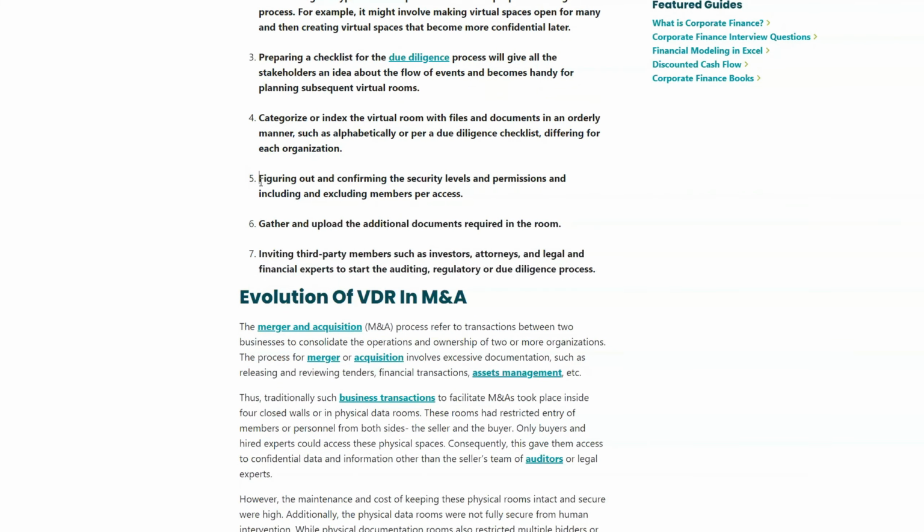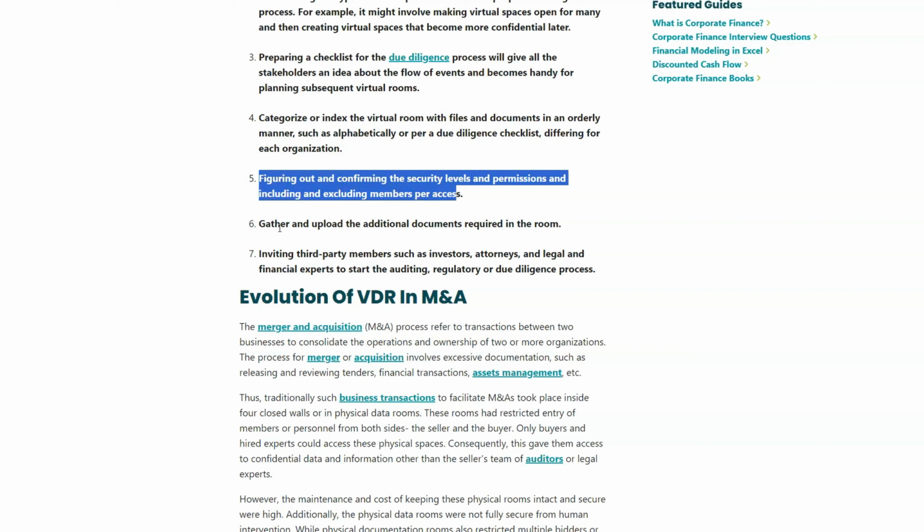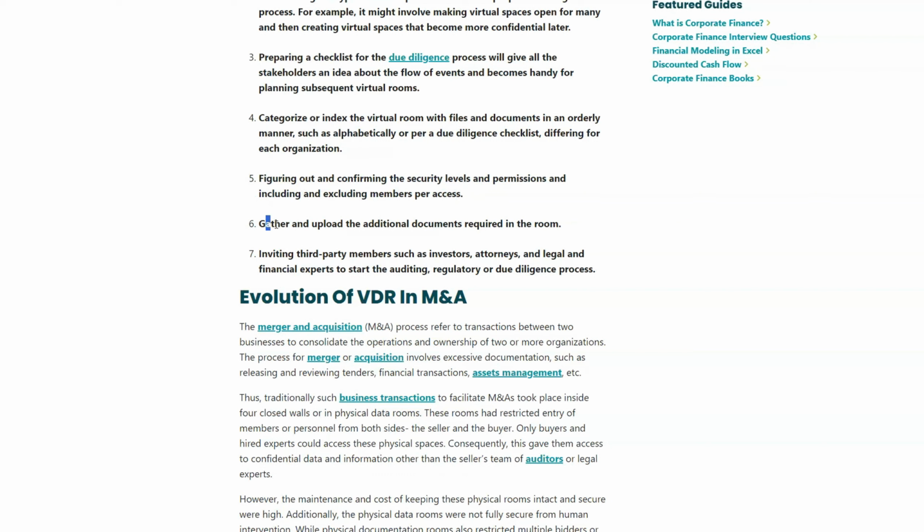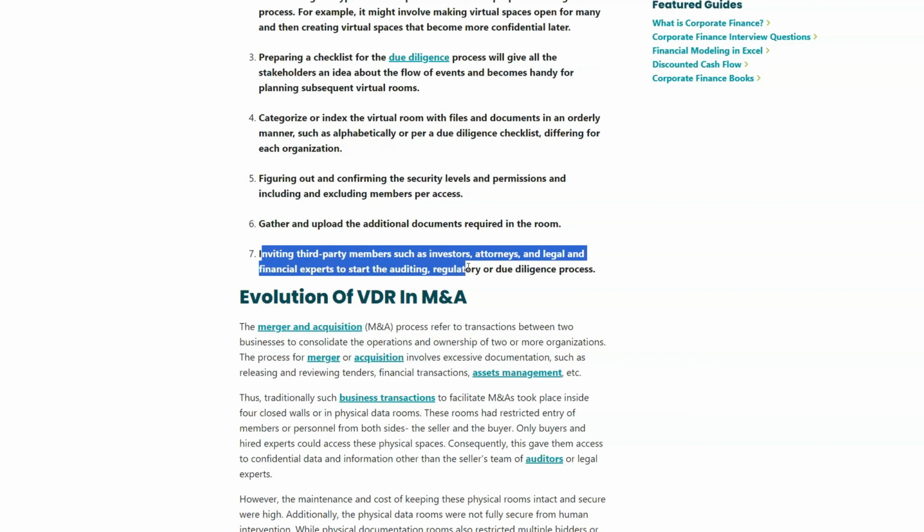Number five, figuring out and confirming the security level and permissions, and including and excluding members per access. Number six, gather and upload any additional documents required in the room. Number seven, inviting third party members such as investors, attorneys, and legal and financial experts to start the auditing, regulatory, or due diligence process.